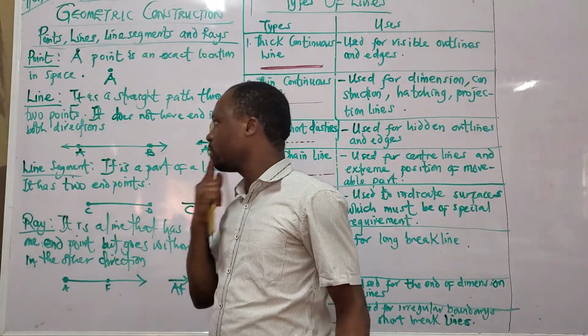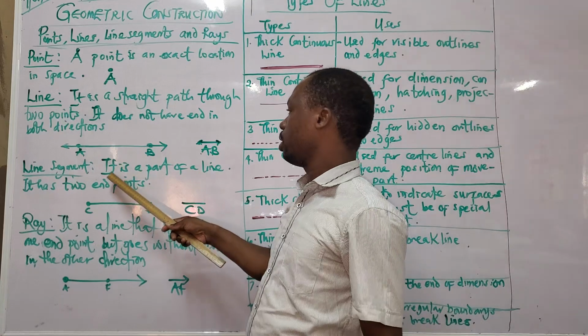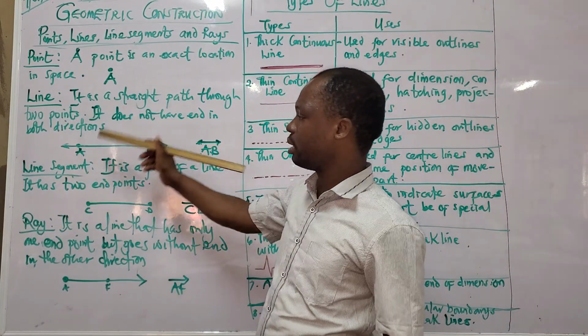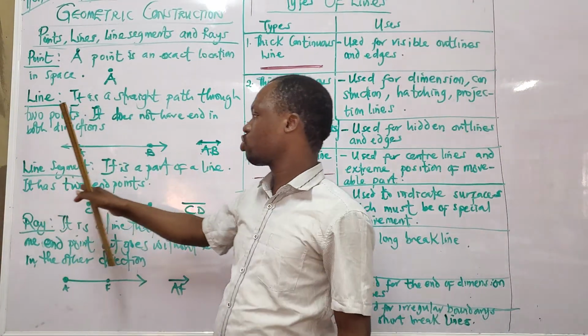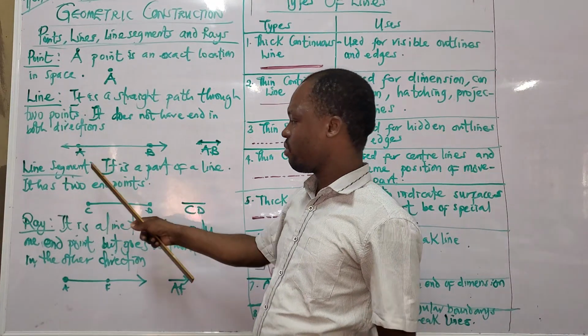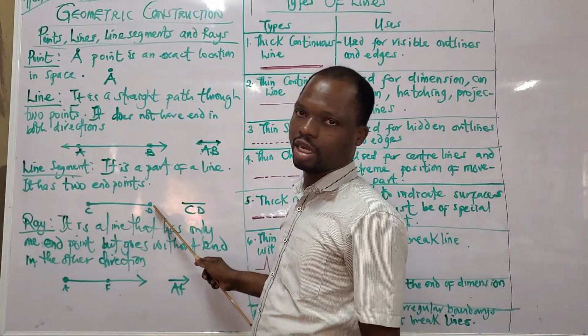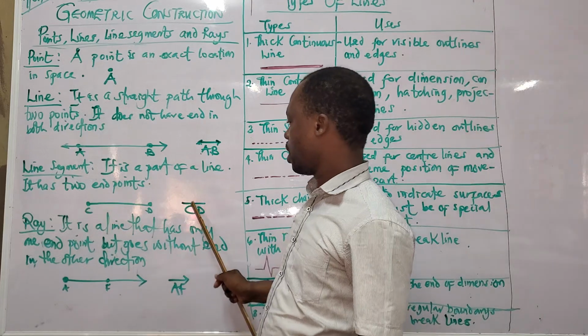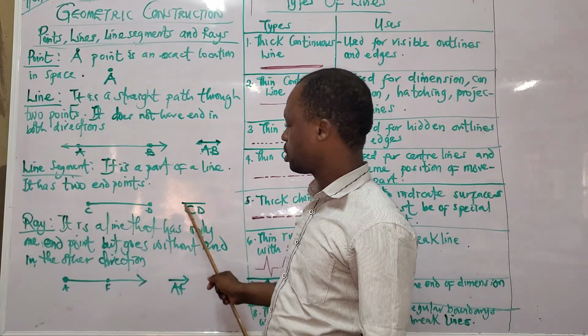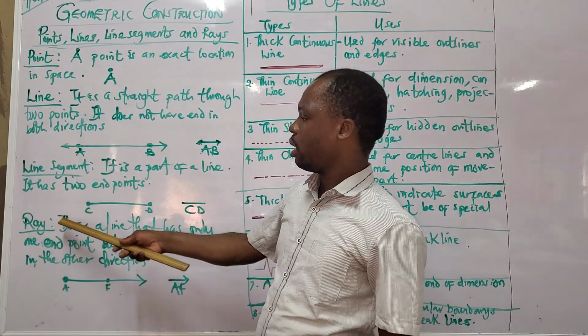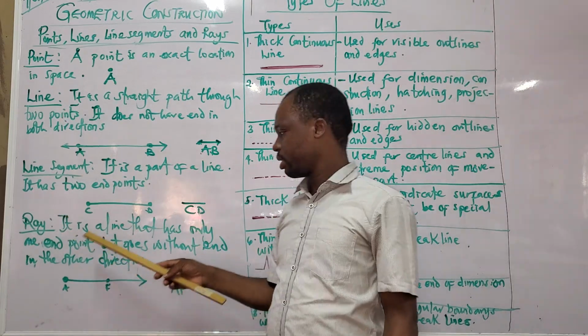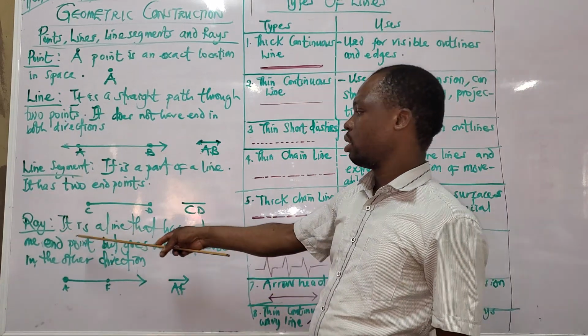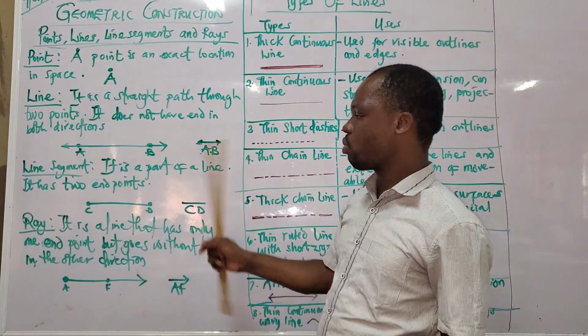But there is a difference between a line and a line segment. A line segment is a part of a line that has 2 endpoints. So we have a certain endpoint C, a certain endpoint D, and we denote it with CD. A ray is also a part of a line, and it has only one endpoint.